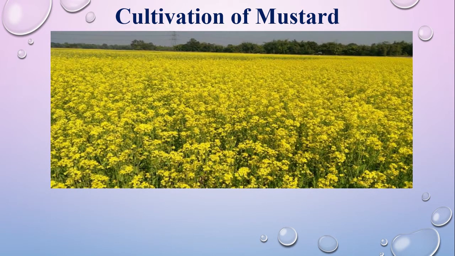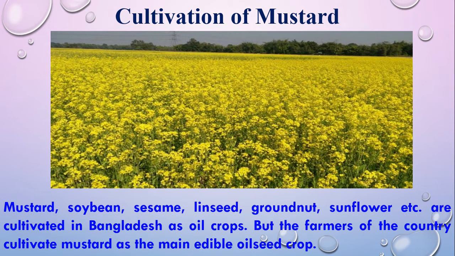And this is the mustard field. Here you see the picture of a mustard field. Basically in our country, that means in Bangladesh, while producing crops we know about mustard, soybean, sesame, linseed, groundnut, sunflower.